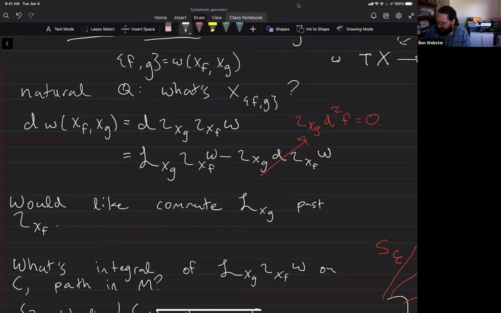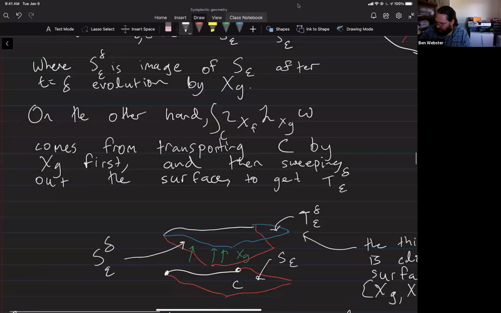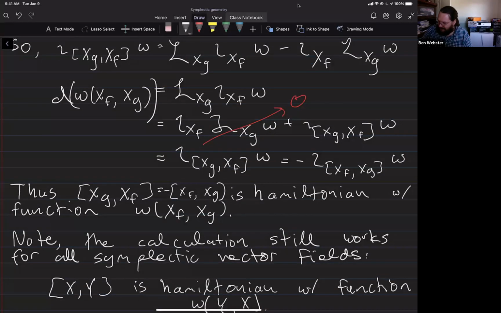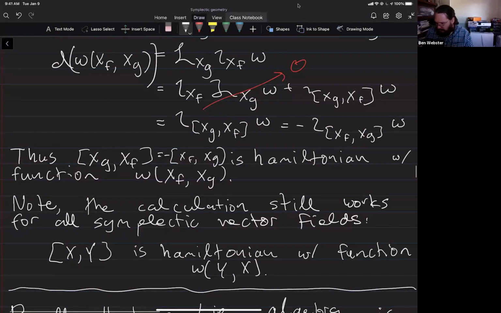And here we see this calculation used that d omega was 0, and the fact that I already computed that symplectic vector fields keep this preserved. This calculation already involved using Cartan's magic formula, which incorporated d omega being 0.